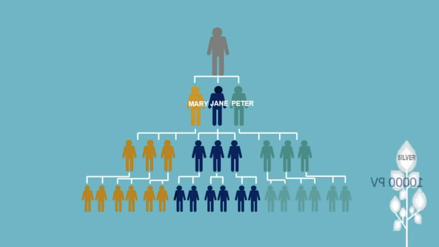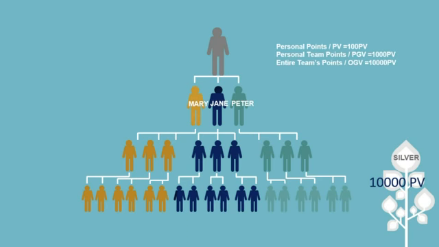Remember, you have already created 3 teams directly under yourself. To be a silver, your entire team needs to clock a total of 10,000 PV. In addition, you need to have a personal PV of 100 PV, 2 strong teams with 4,000 PV each, and PGV of 1,000 PV.